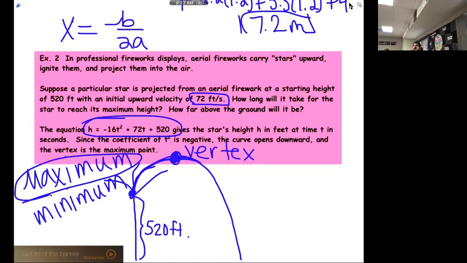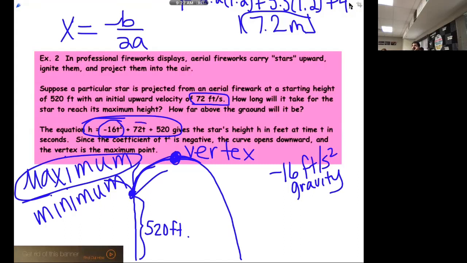It's the gravitational force. So -16 feet per second squared is the gravitational force. If it's in meters, we have -4.9. But since it's in feet, we have -16. So this front number, when we're dealing with height and time, will always be that -16.